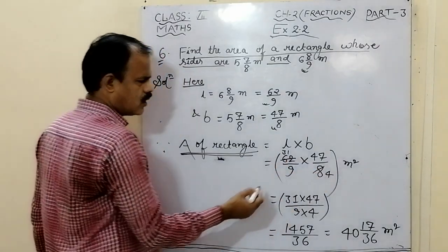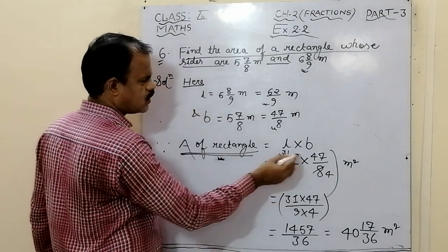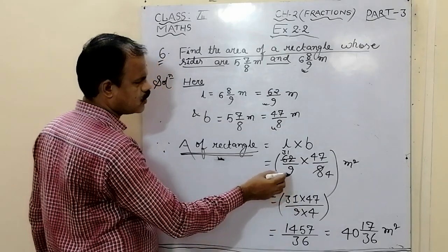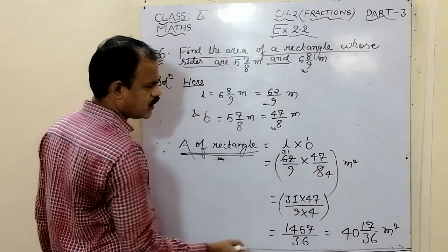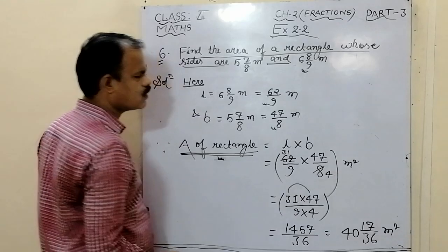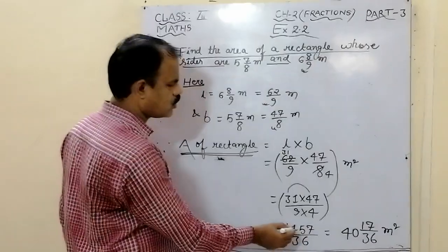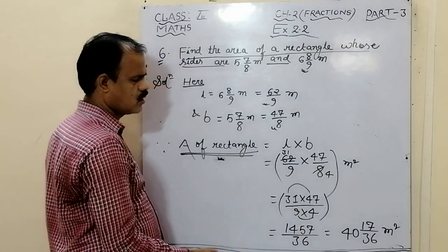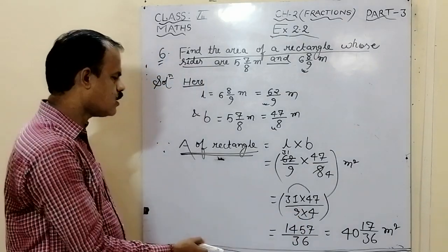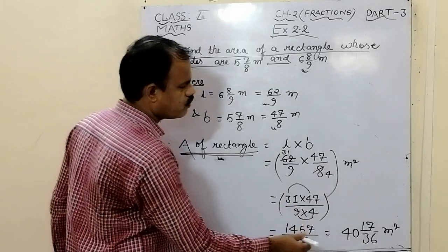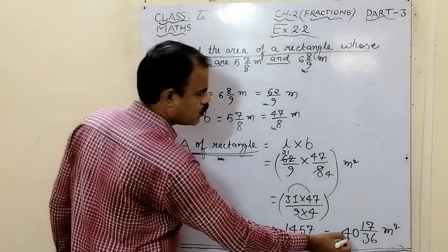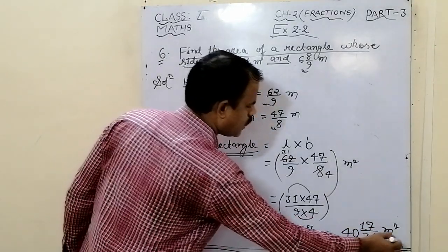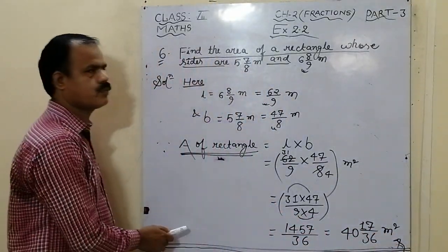Now at the numerator place it is 31 and 47, so 31 multiplied by 47. In place of the denominator, 9 and 4, so 9 multiplied by 4. When we multiply 31 and 47, it becomes 1457, and 9 fours are 36. Now this is an improper fraction. We have to change it into a mixed fraction. So it becomes 40 whole 17 by 36 meter square, and this is the final answer.